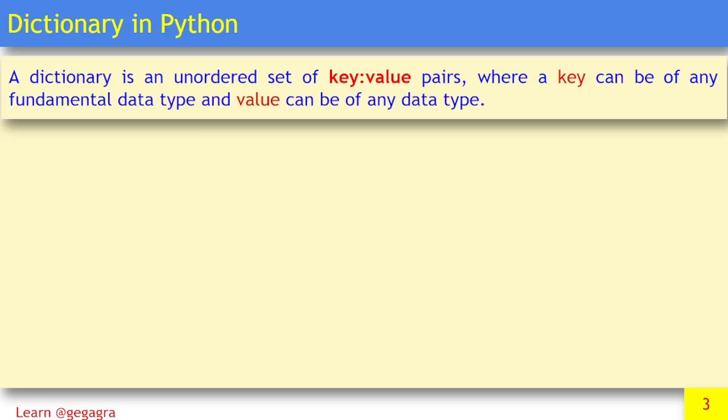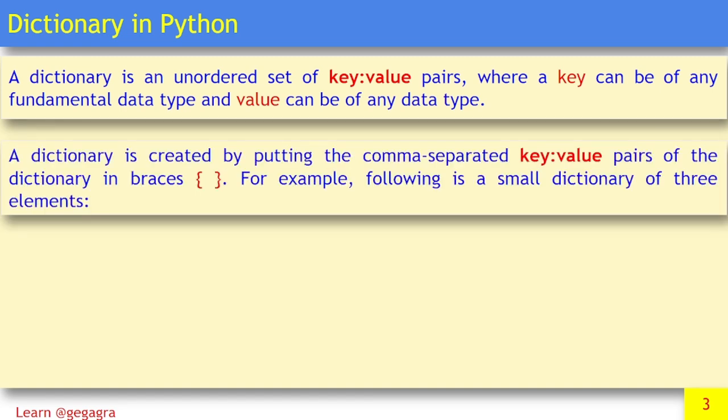A dictionary is an unordered set of key and value pairs where a key can be any fundamental data type and value can be any data type. Fundamental data type means it could be integer, it could be a string, and any other immutable data type, and value can be of any data type. So we'll take some examples on this.